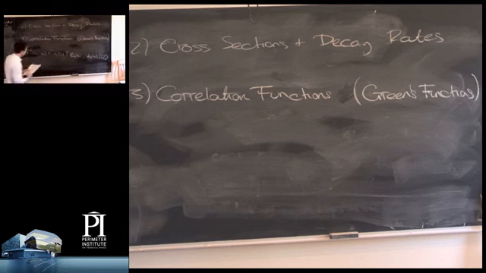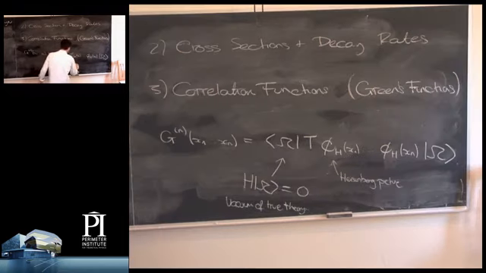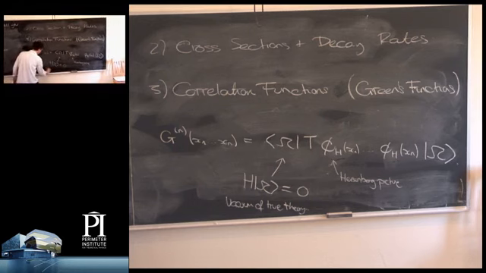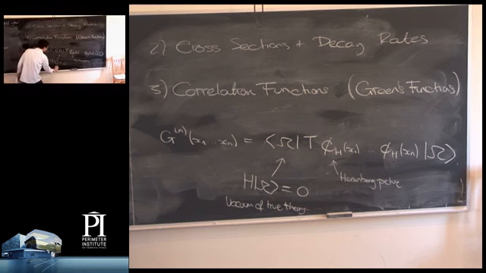Again, it's a time-ordered product, but of objects in the Heisenberg picture, now not the interaction picture. And this here is the vacuum of the true theory. That's a somewhat different object from what we've been calling zero, which was the vacuum of the free theory.